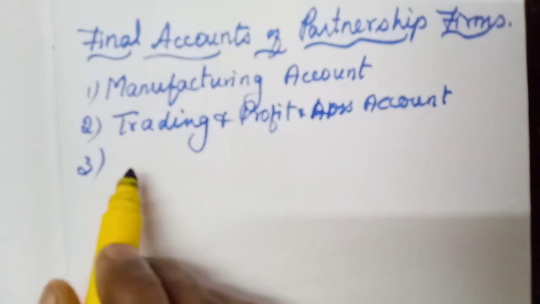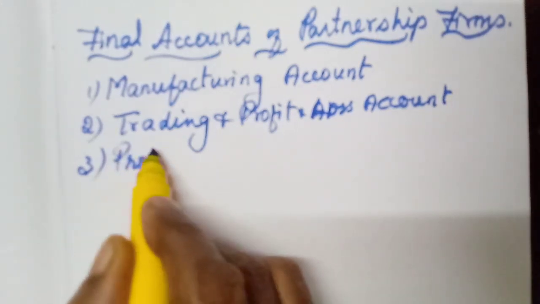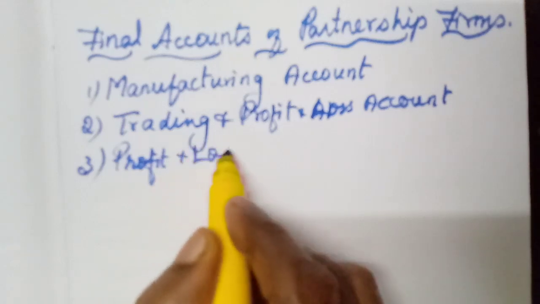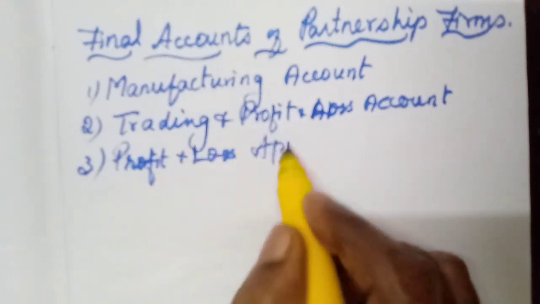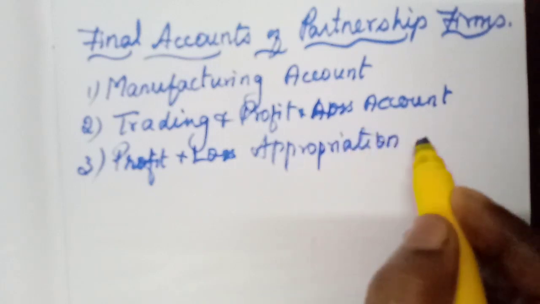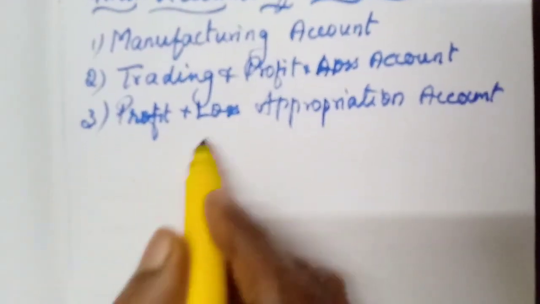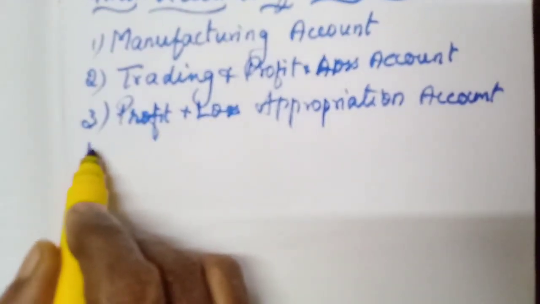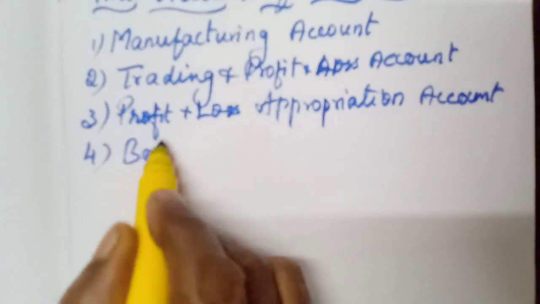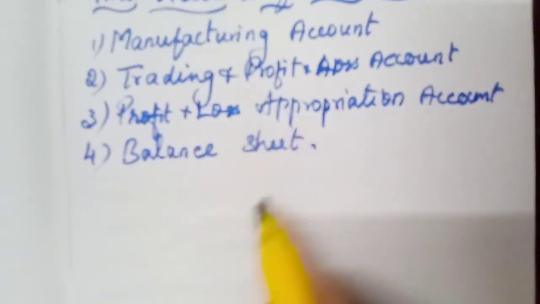So one more account we need to prepare, that is the profit and loss appropriation account. Here in this lesson you will learn how to prepare the profit and loss appropriation account. Then after that only we need to prepare the balance sheet. All these are the four accounts they will prepare.